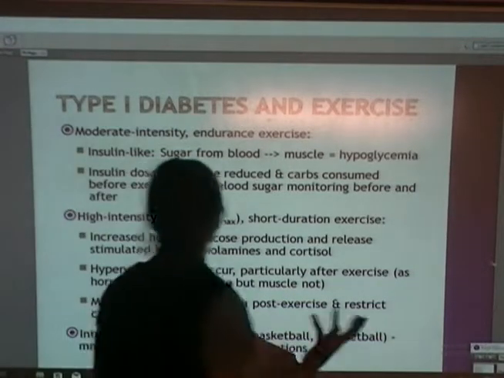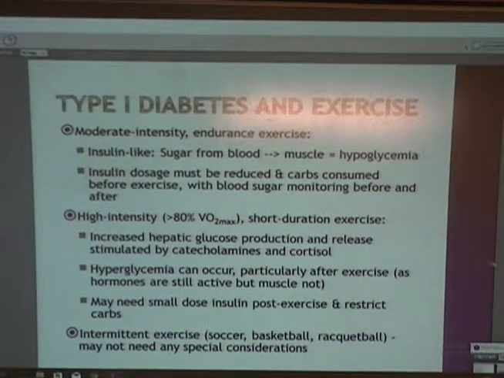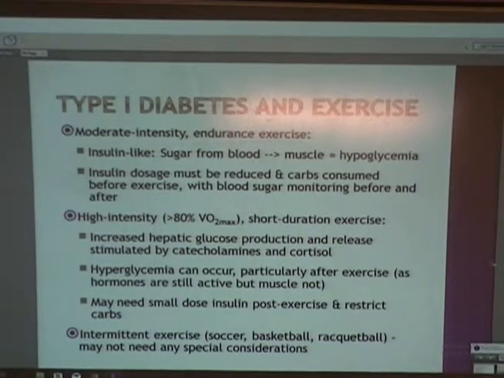All right, so if we do aerobic work of a moderate intensity, that works almost like insulin, right?